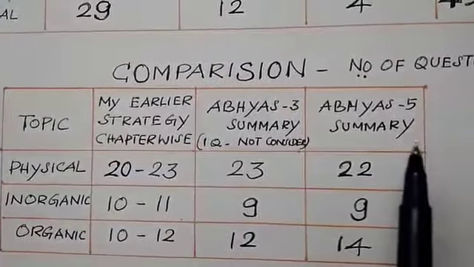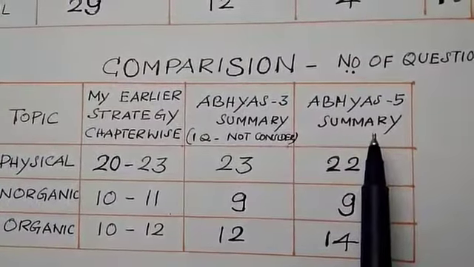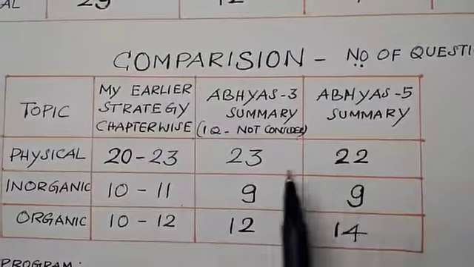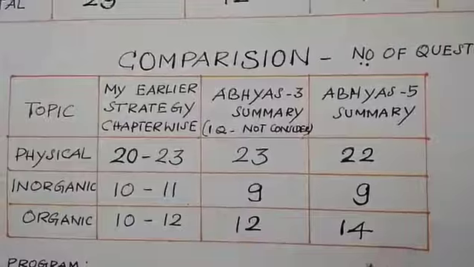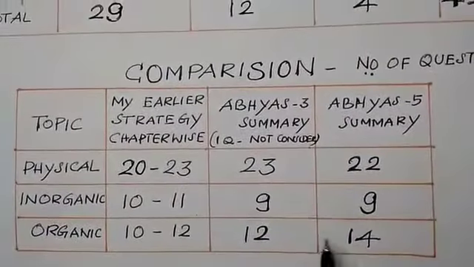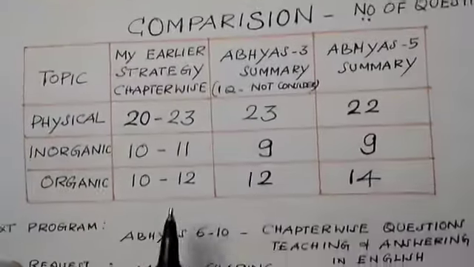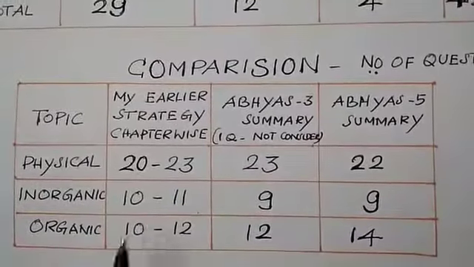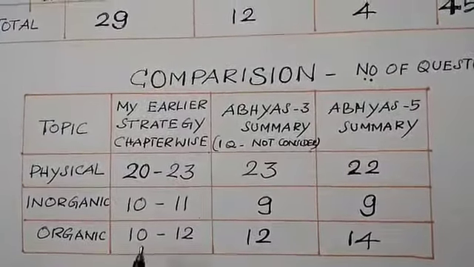Then AIATS 5, this also I have uploaded 7 videos with the English and Tamil version. Use it properly. What it is giving as information: physical chemistry 22, inorganic is 9 and organic is 14. So these numbers are matching with my strategic preparations. This indicates my 30 years of experience in teaching, producing many medicos and IITians.